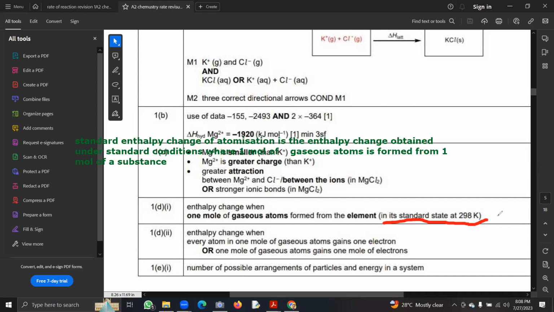And the enthalpy change obtained under standard conditions, with gaseous atoms formed from 1 mole of the substance. Rather than substance, element is better, because they had highlighted element in this mark scheme.